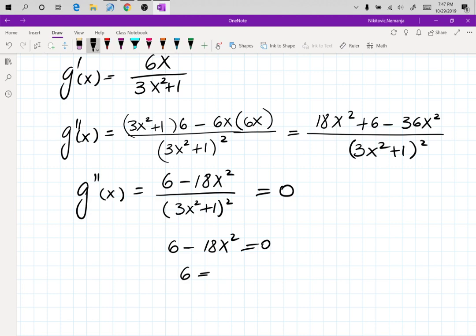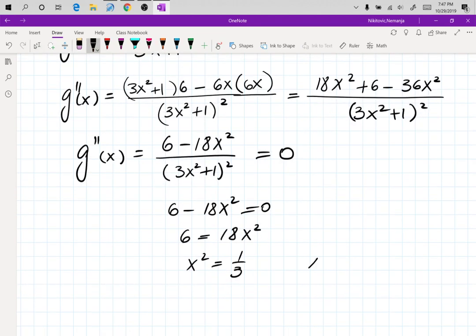This means that 6 is equal to 18x squared. Finally, x squared is equal to 1/3. And here we have again our x's of plus minus root 3 over 3 when you rationalize, right? Because when you put the root over the whole thing, you get 1 over root 3, and you rationalize into root 3 over 3.